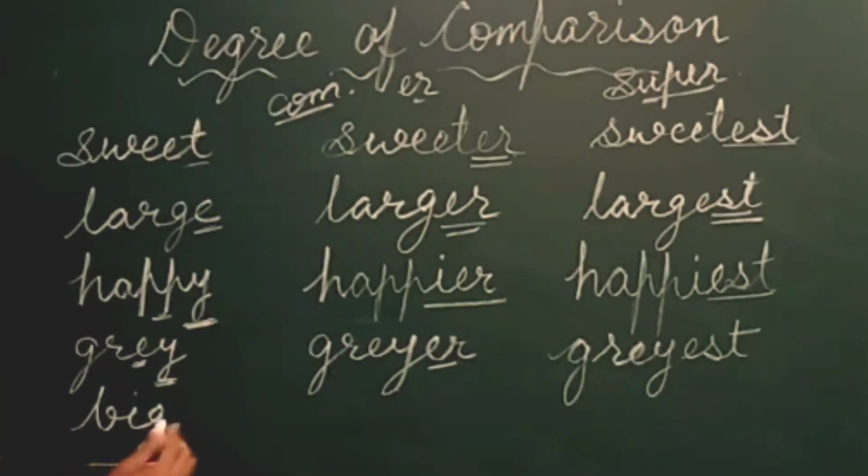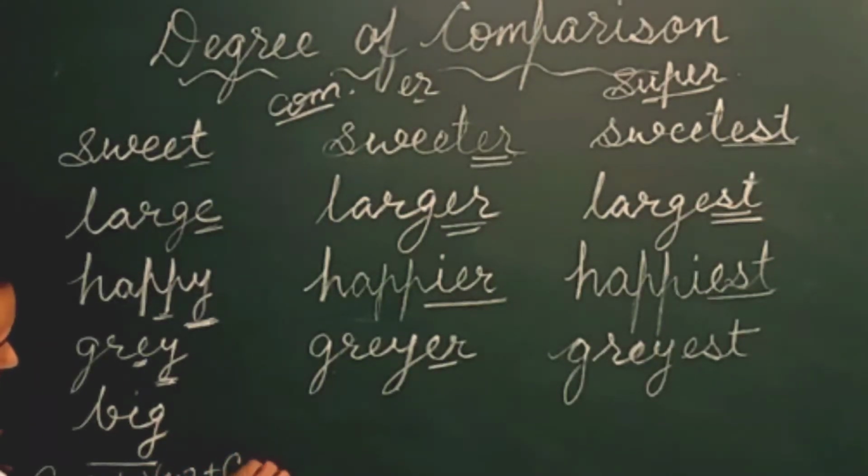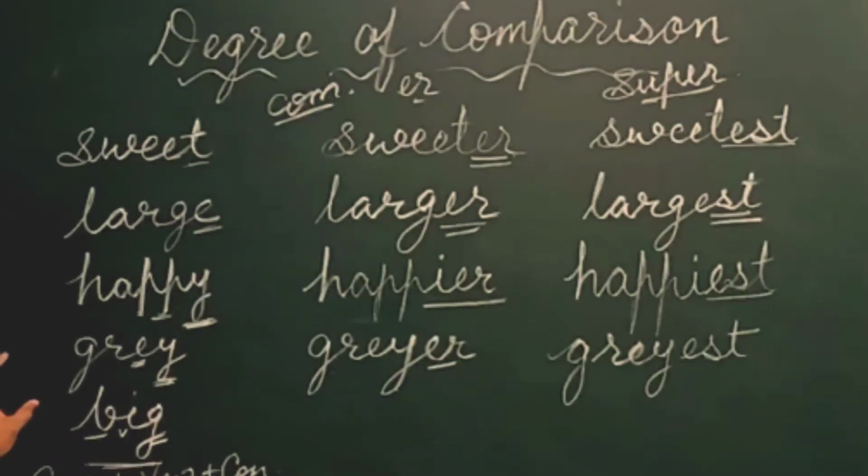Adjective formation is like that: first consonant, then vowel, then again consonant. If an adjective is formed like that, consonant, vowel, then consonant, how do we change it into comparative and superlative degree?